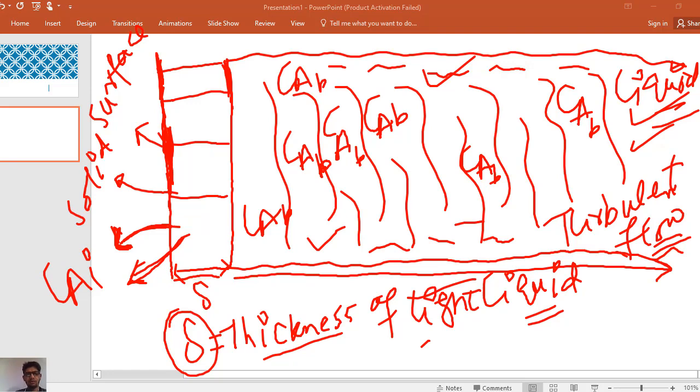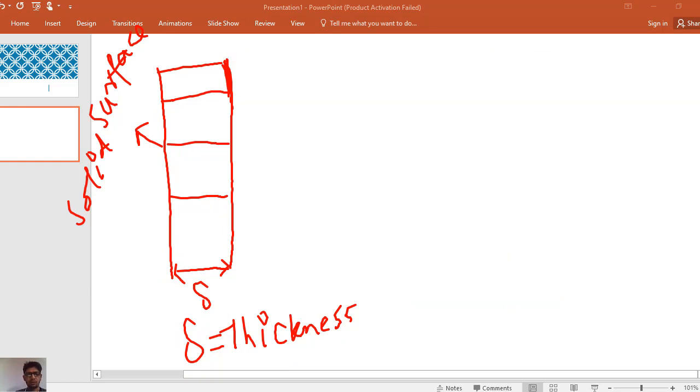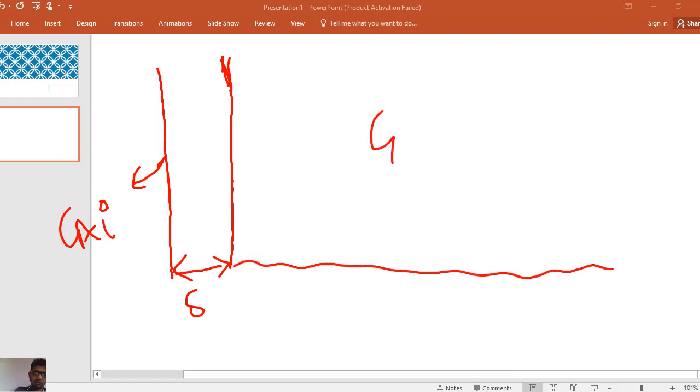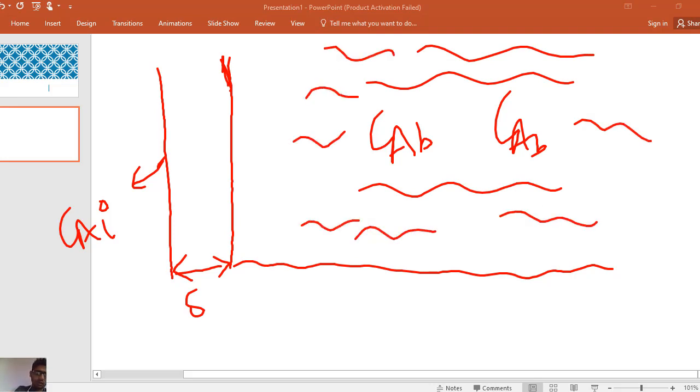Now we will derive the equation for the transport of component A in the z direction. So we consider a wall. The concentration of component A at the surface is CAI. This is the thickness of the stationary liquid layer. This is the bulk liquid, and the concentration of A in the bulk is CAB. The component A only transfers in the z direction, and we consider a small element.